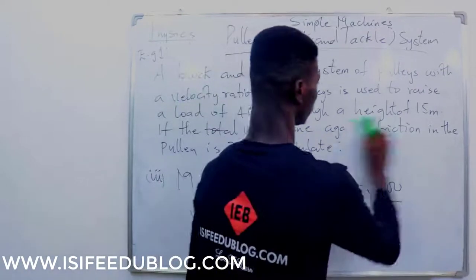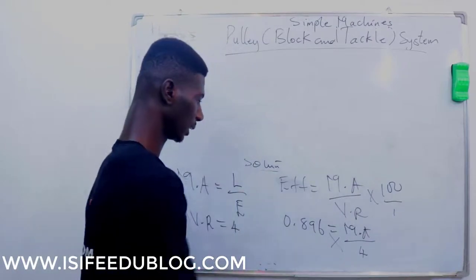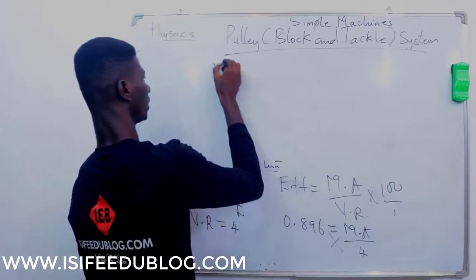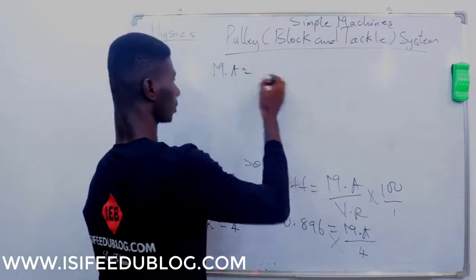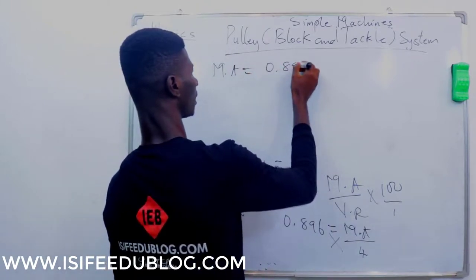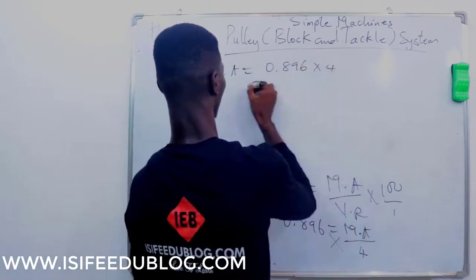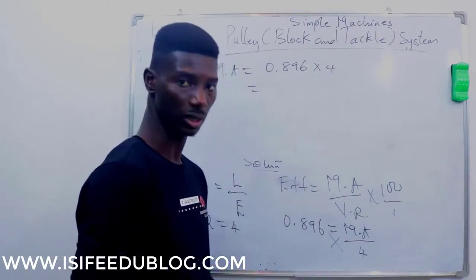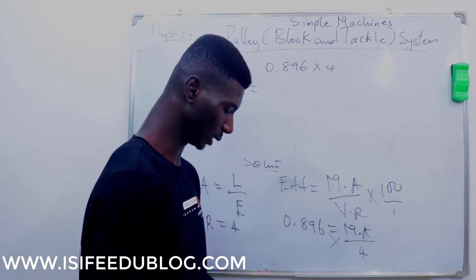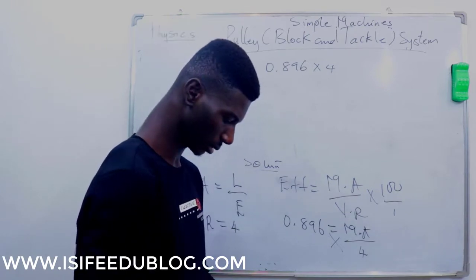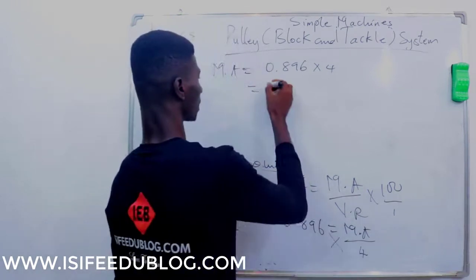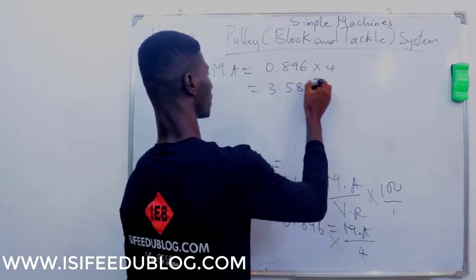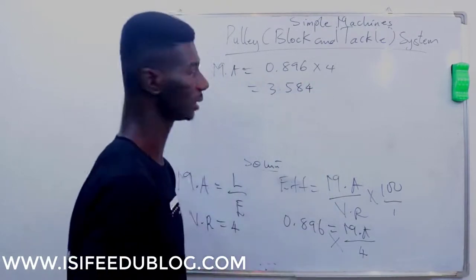Now if you cross multiply, you now have that your mechanical advantage is equal to 0.896 times 4. Remember, mechanical advantage has no unit. Velocity ratio also has no unit. So we have this times 4. So this will give us 3.584. So our mechanical advantage is 3.584.